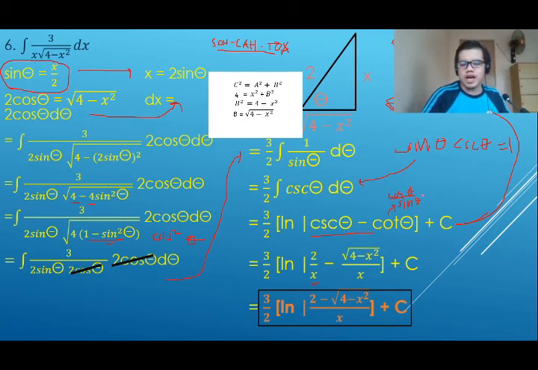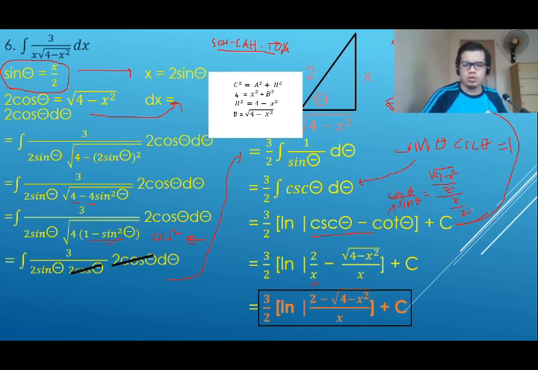Cosine theta over sine theta, where cosine theta is adjacent over hypotenuse, which is the square root of 4 minus x squared over hypotenuse 2, all over sine theta, opposite over hypotenuse, x over 2.